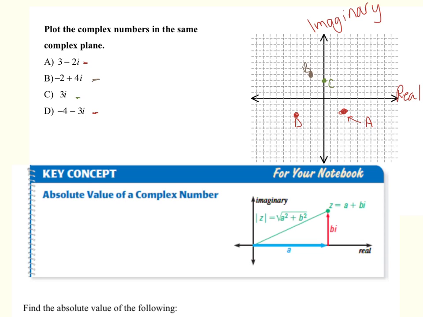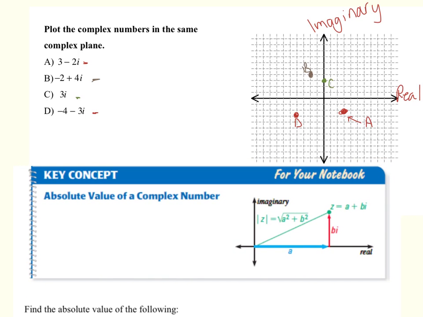And so to find the absolute value, we're going to bring in the Pythagorean theorem. We want to know how long this distance is, so we're going to draw the right triangle. One of the legs will be the real part, the other would be the imaginary part, and we're looking for the length of the hypotenuse.